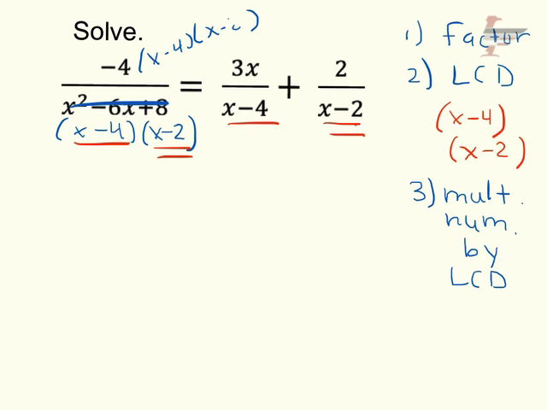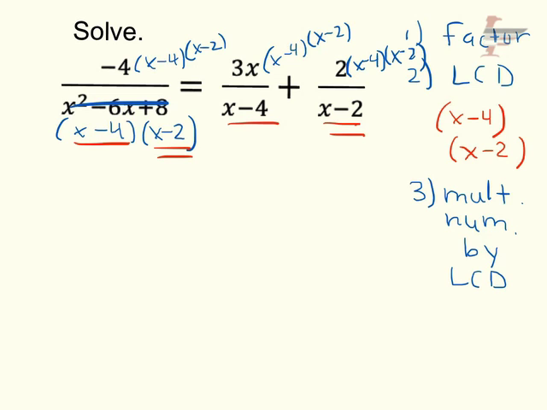I'm going to take the 3x times the LCD, and I'm going to take the 2 times the LCD. And then you cancel, of course. First cancel things out, and then solve.